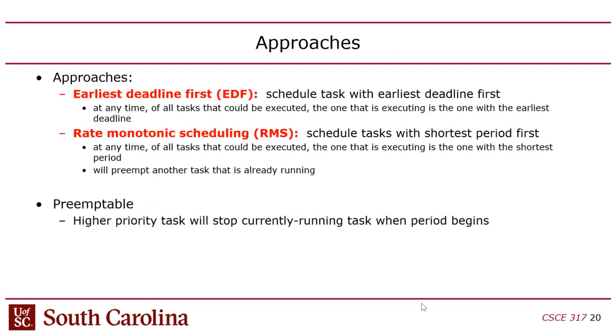Then we talked about earliest deadline first scheduling, which is where you always give the CPU to the task that has the earliest deadline, even if it means interrupting whoever's running on the CPU now. That may happen, of course, when a high priority task starts a new period, and you would obviously override whoever's on the CPU and preempt.